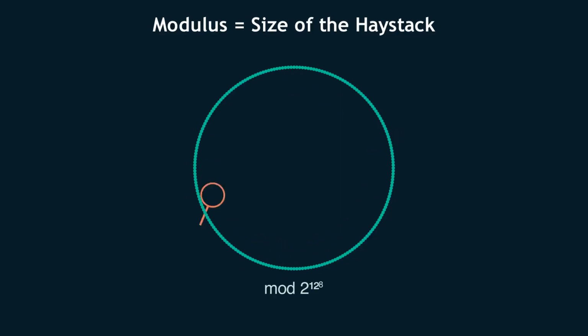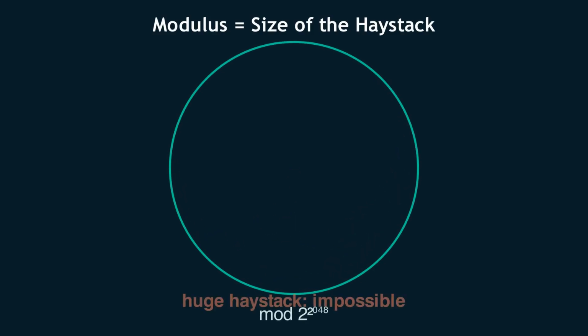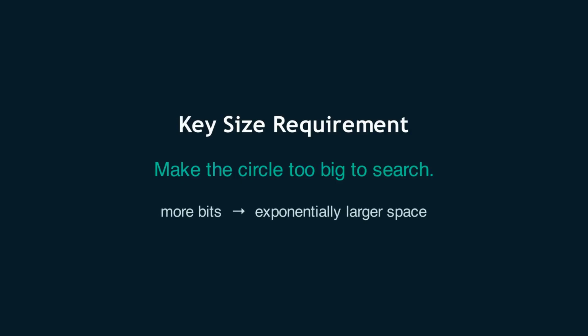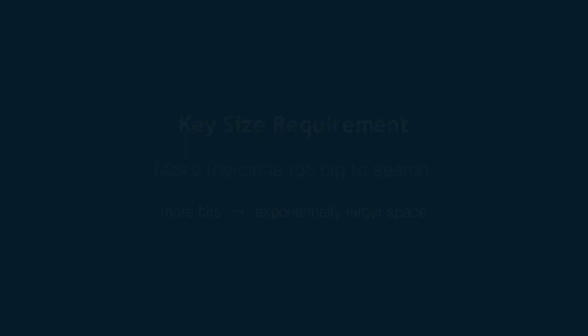What we're really saying is that the modular space has to be enormous enough that no attacker can search it in any reasonable amount of time. A small modulus is like a small haystack with a findable needle, but a huge modulus is a huge haystack that is almost impossible to search. The size requirement is just: make the circle too big to search.